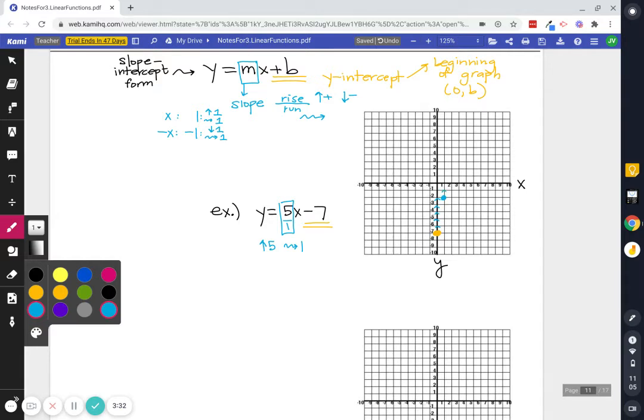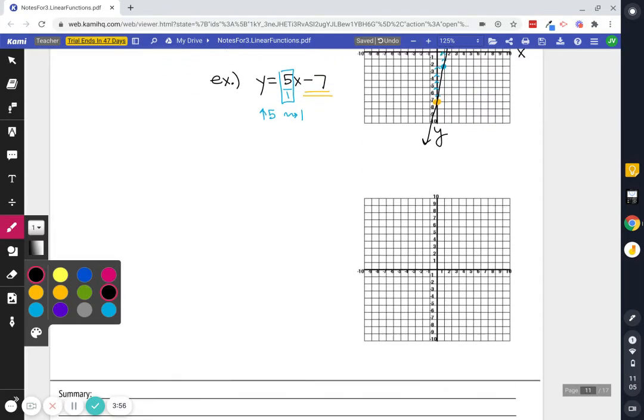I repeat: rise up 5, run to the right 1. Once I have some points, I can connect them, and there's my graph.